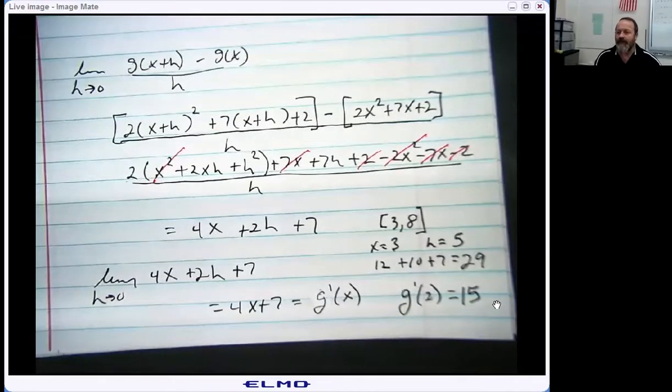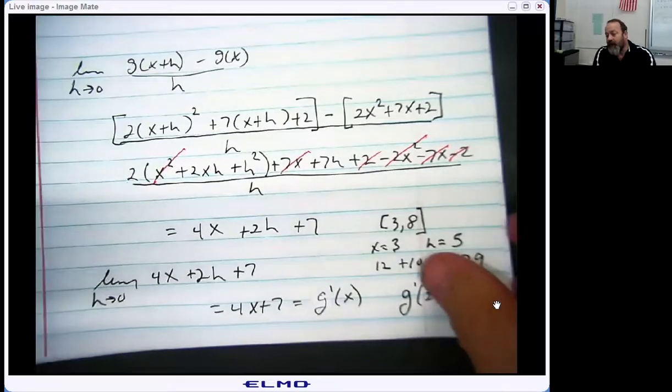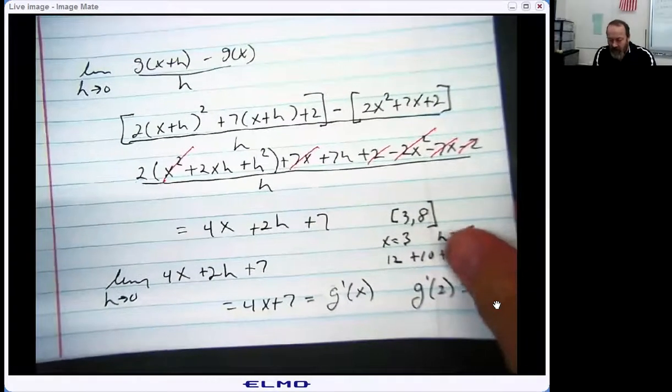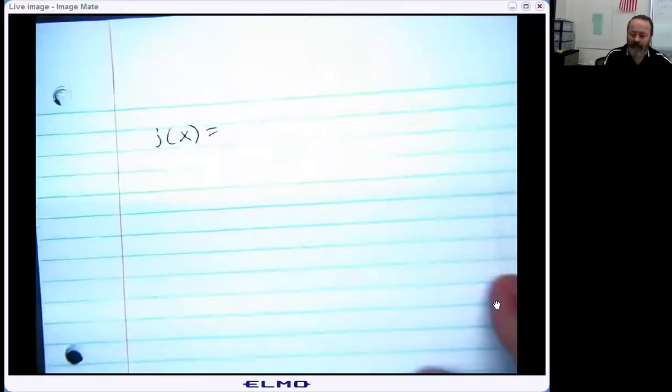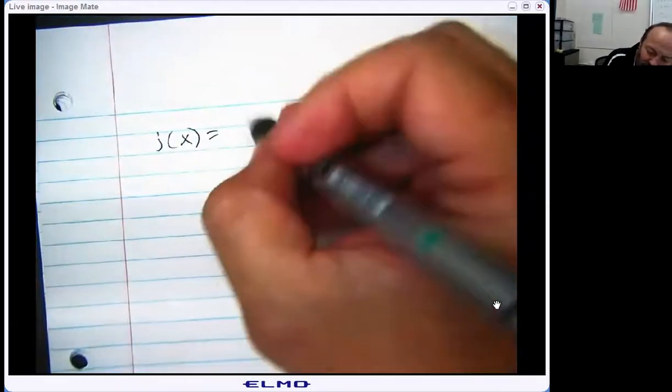Now, this is all the formal definition of a derivative, which I actually really, really like, but I also am kind of a fan of the alternative version. Not everybody likes it, but I do like it an awful lot. So I thought we'd just maybe look at one problem that is an alternative version of the derivative in the form of a polynomial.